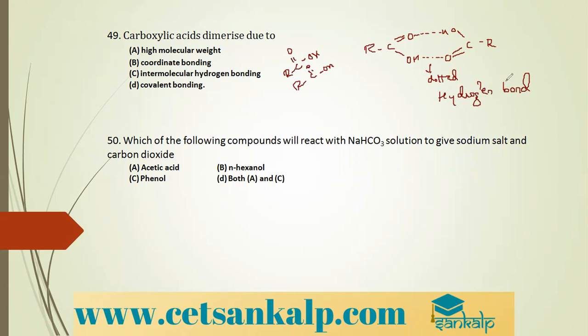Now what type of hydrogen bond? The hydrogen bond is between two different molecules, therefore I call it an intermolecular hydrogen bond. So due to intermolecular hydrogen bonding, carboxylic acid exists as a dimer. So this is nothing but a dimer. Okay. So intermolecular hydrogen bonding. Moving to the next question.